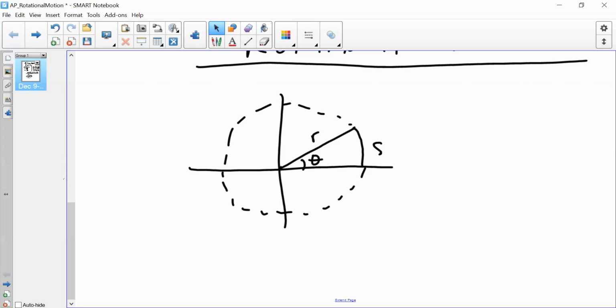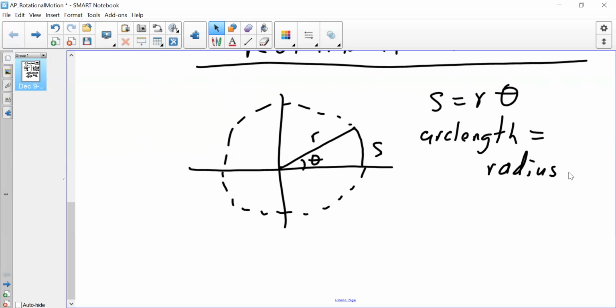We call that S. And we know from trig that the arc length is the product of the radius times the angle theta. So arc length equals radius times the angle. And the angle could be in radians or it could be in degrees.